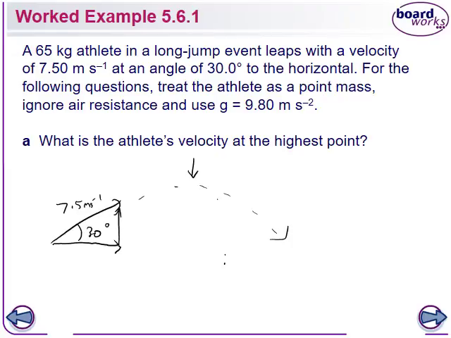By the way, you may see these written differently in other books. My convention, I like to write U for initial velocity, V for vertical, so UV and UH. So we want UH. We want to find UH.